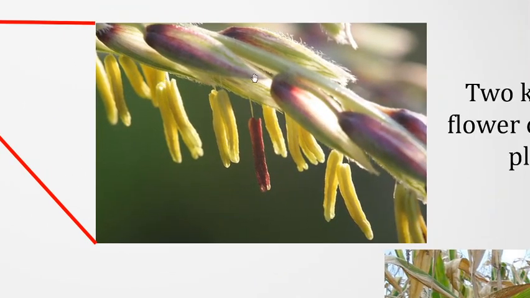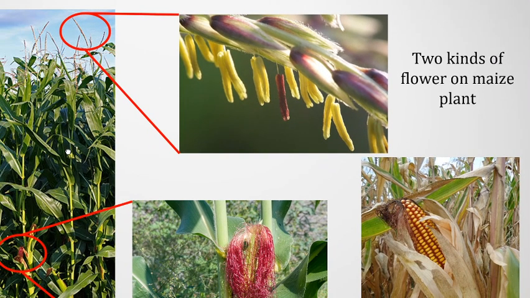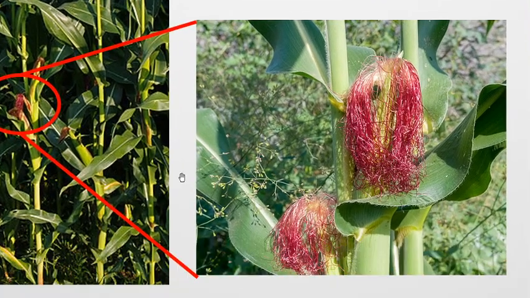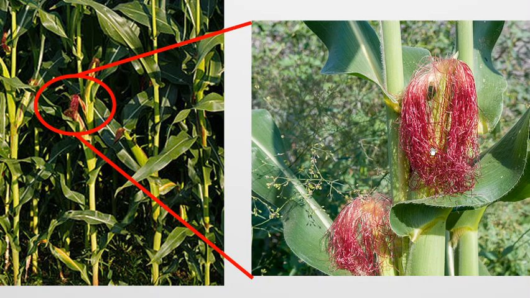So male flowers are lighter in size, and they have yellow colored anthers. From these anthers pollen grains are produced, and these pollen grains fall downward, and at the bottom it contains female flowers.